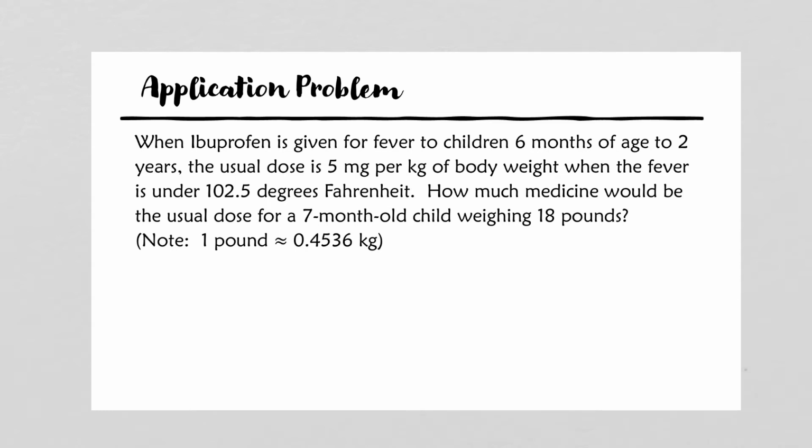But really, when it comes down to it, what am I trying to do? I'm trying to take a dosage, which I have right here, 5 milligrams per kilogram, and I have to correspond that dosage to a child that weighs 18 pounds, given that I know 1 pound is 0.4536 kilograms.